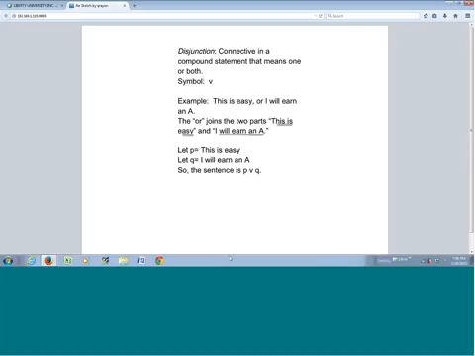I will earn an A is the other part. So if we let P represent this is easy and Q represent I will earn an A, the sentence this is easy or I will earn an A translates to symbol form like that. So we're taking this sentence and translating it to symbols.